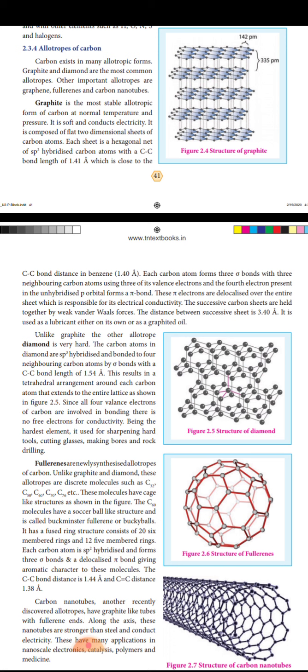The C60 molecule has a soccer ball like structure and is called Buckminster fullerene or buckyballs.